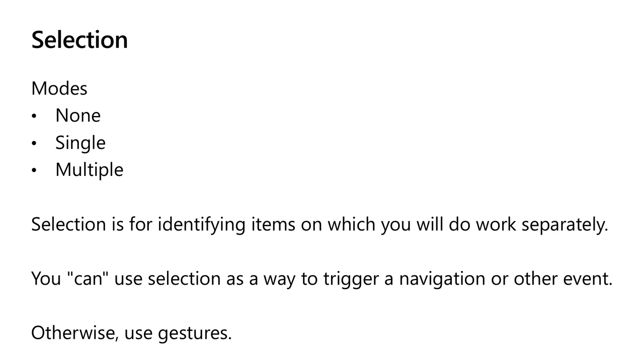So keep that in mind in your mental model of when you're working with selection. You can absolutely take a selection and then go to a command and do something from there, but the way selection works and the way item tapped works, they're kind of separate concepts. But it provides you a whole lot more flexibility with the UX that you want to create for your lists.